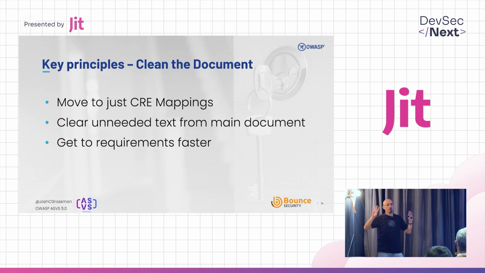The idea of this project is to link between all the other projects. They want to say, okay, we've got this ID, and this ID links to this item in this project, and this item in that project. Once you have mapped to a CRE, you can figure out what other guidance you can pull from OWASP resources. So instead of whatever mappings we've got at the moment, we want to move to CRE mappings, and that lets us chain through to a variety of other resources that OWASP provides.